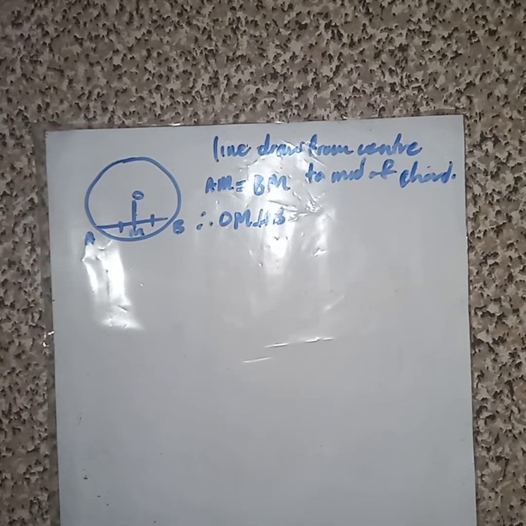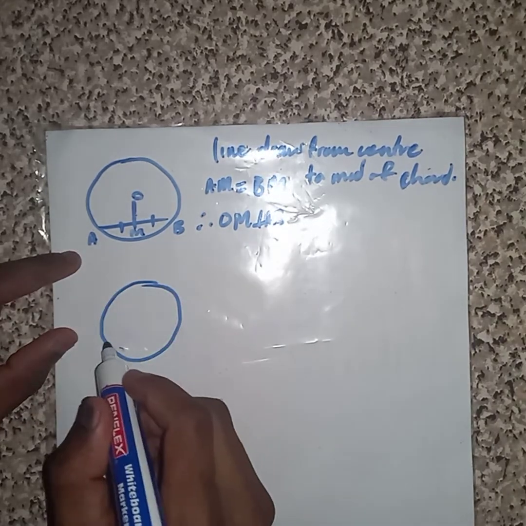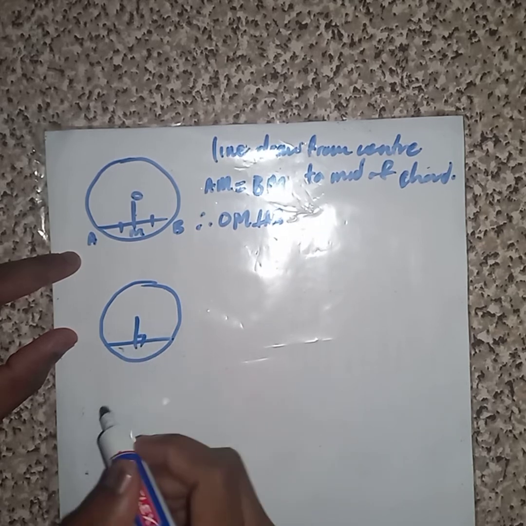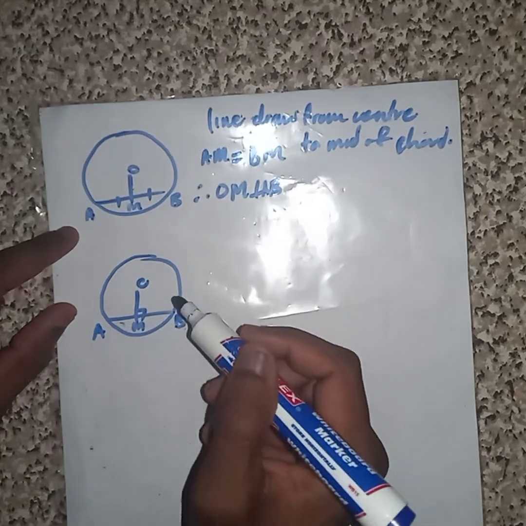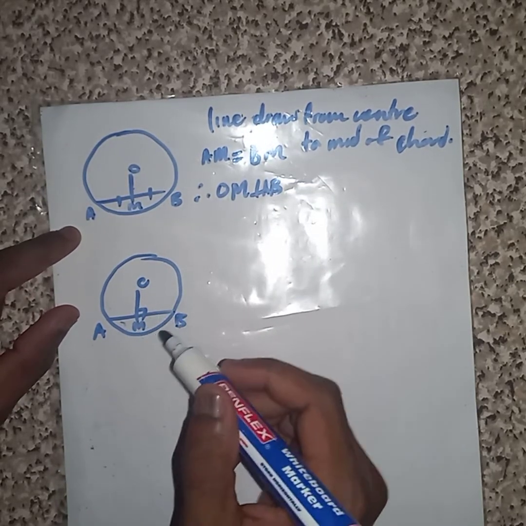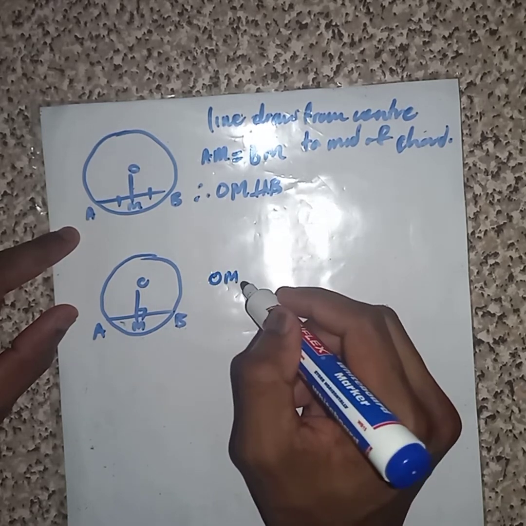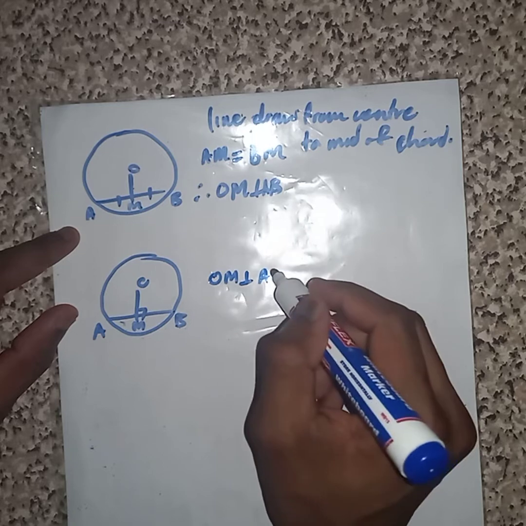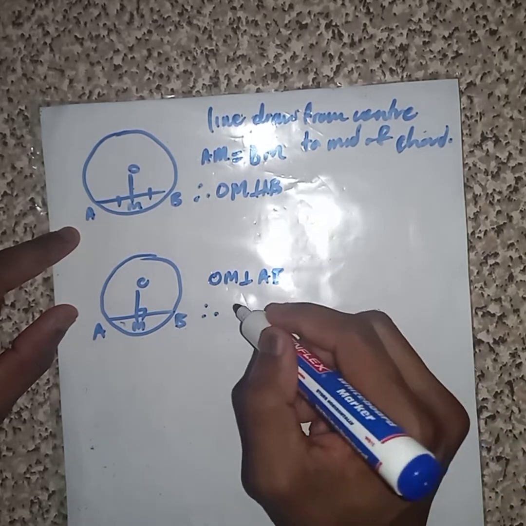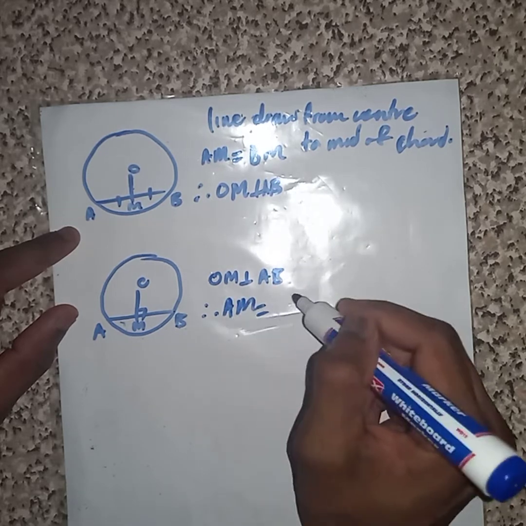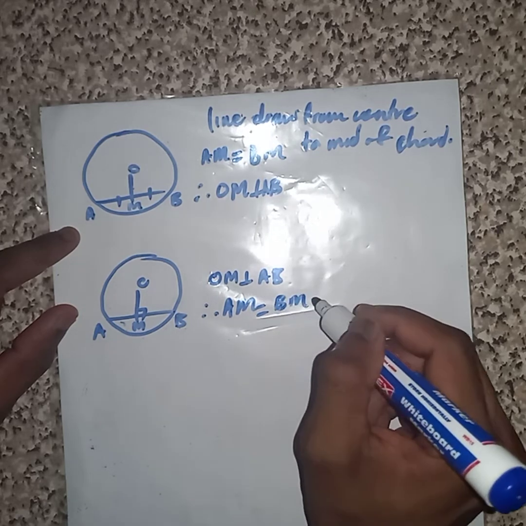We also have the converse, which is like this now. Let's say I now have a perpendicular somewhere there. If I have OM, which is perpendicular to AB, then it's also true that AM is equal to BM.